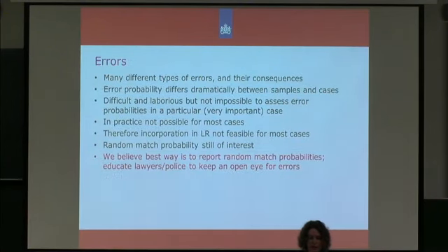So regarding error, I think it's very important to realize that there are many different types. There's not one general error rate. There is contamination, there is sample swap, there are all sorts of human errors, all sorts of different kinds of mistakes, and they have all sorts of different consequences.